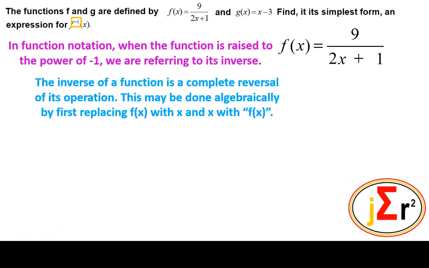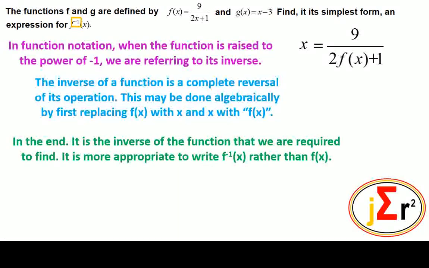In inversing the function, the first step that we will take is to replace f of x with x and x, so to speak, with f of x. So we are going to make that switch. Where we had f of x, we now have x. And where we had x, we now have f of x.